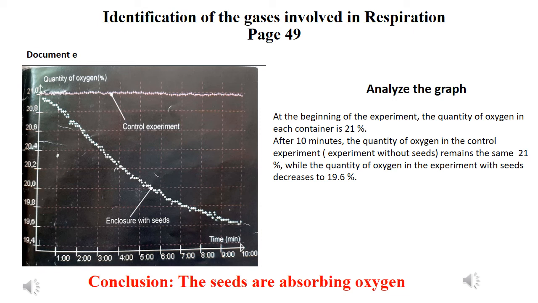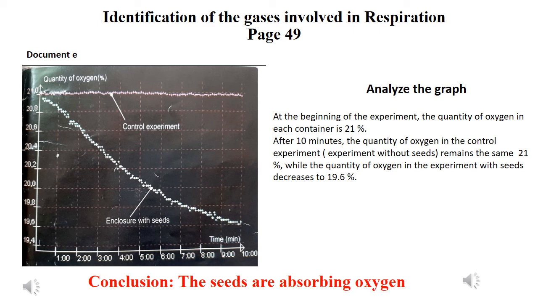I will answer. At the beginning of the experiment, the quantity of oxygen in both cases, the control experiment and the enclosure with seeds, is 21%. After 10 minutes, because these two curves end at time 10, the quantity of oxygen in the control experiment, which is the experiment without seeds, remains the same, 21%.